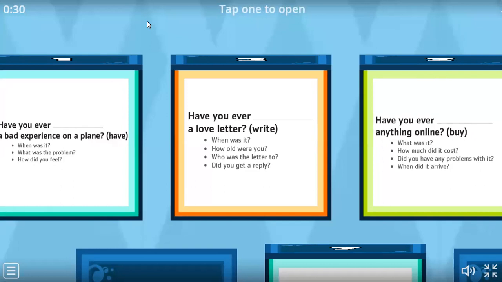It was last Friday, because I had some problems with my girlfriend. And who was the letter to? The letter I wrote was to my girlfriend, because she loves these details. And did you get a reply? Yes, I got a reply from her.